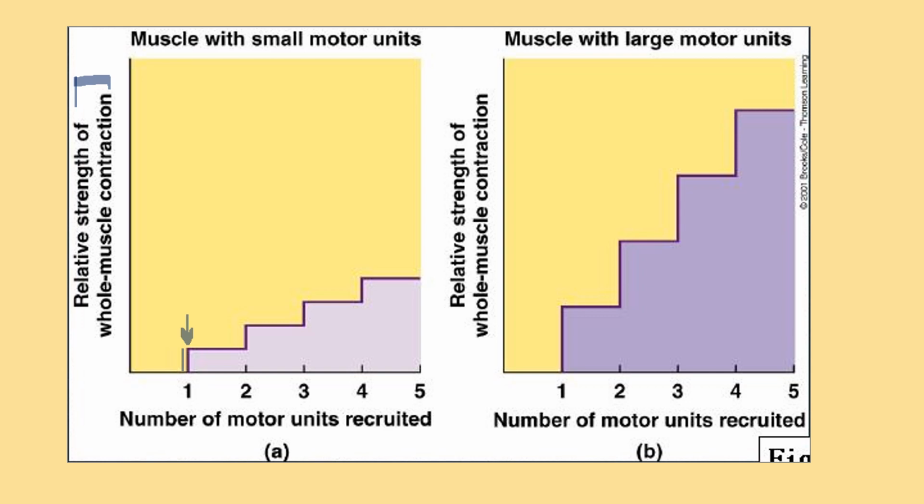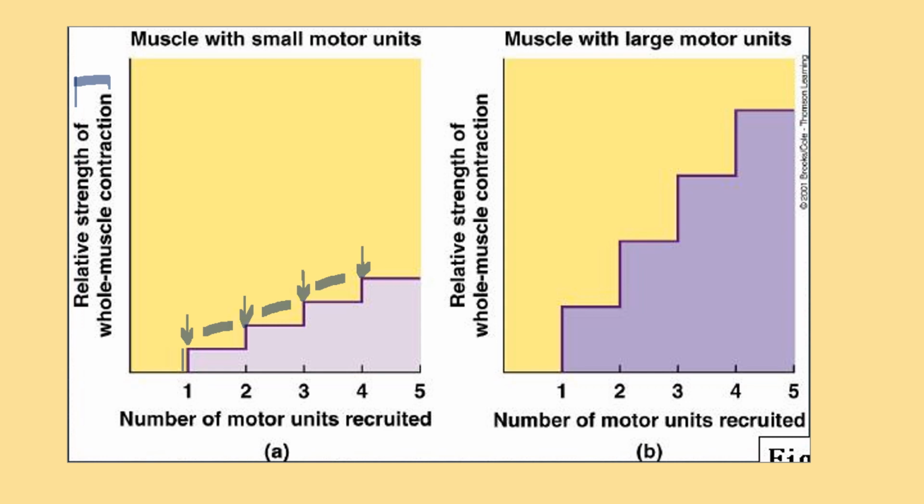This muscle needs to contract harder in order to accomplish our goals. So we'll recruit motor unit number 2, and there is another stepwise increase in the total muscle tension generated. And if we need more tension to overcome a load, we can recruit motor unit number 3, and we can recruit motor unit number 4. All right, so with each motor unit recruitment, we get this stepwise increase in tension that develops.